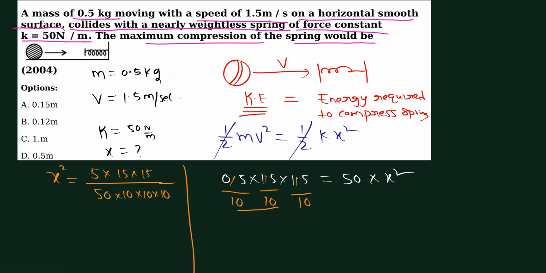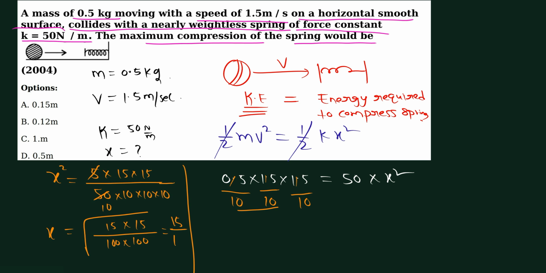When you solve this, listen, everyone please. So 5, how many times is it? 10 times. 10 into 10 is 100. So here also 100, and here also 15, here also 15. Then x square equal to this much. Then x equal to root over 15 into 15 by 100 into 100.